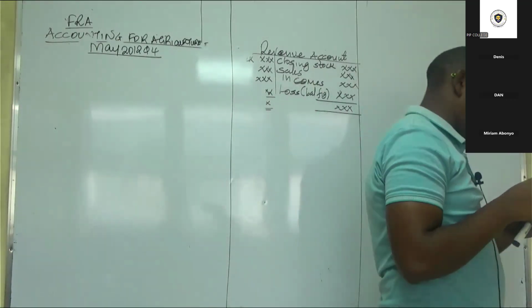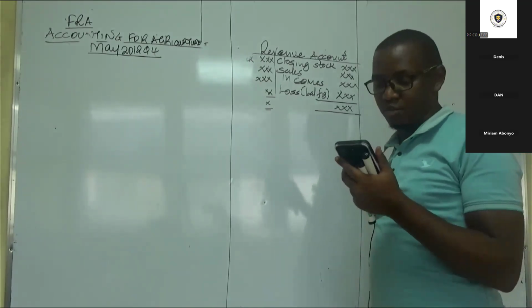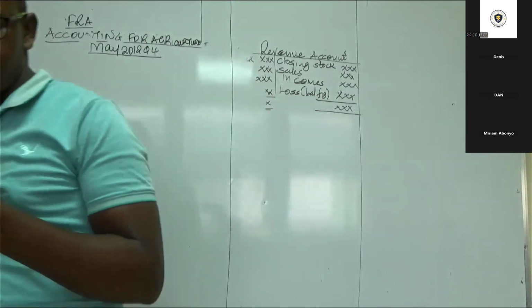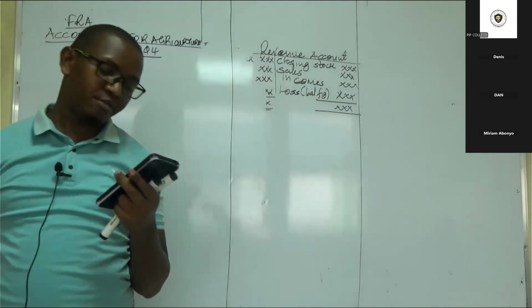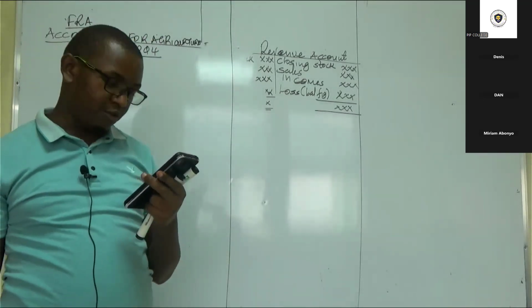So this is what the question reads. On Roman number 1, you are to explain circumstances under which an entity should recognize a biological asset in the context of IAS 41, agriculture. That one we've talked about.